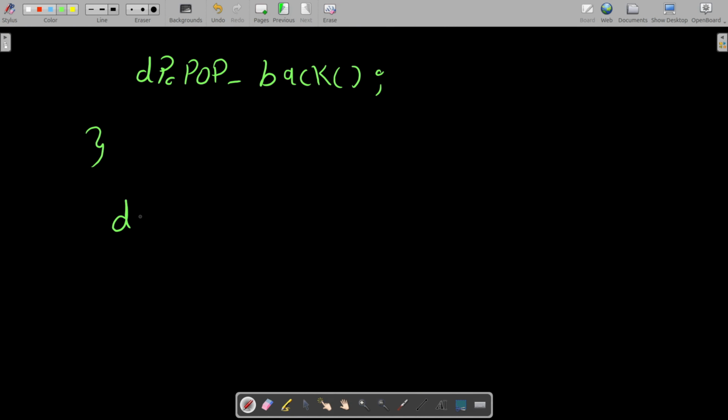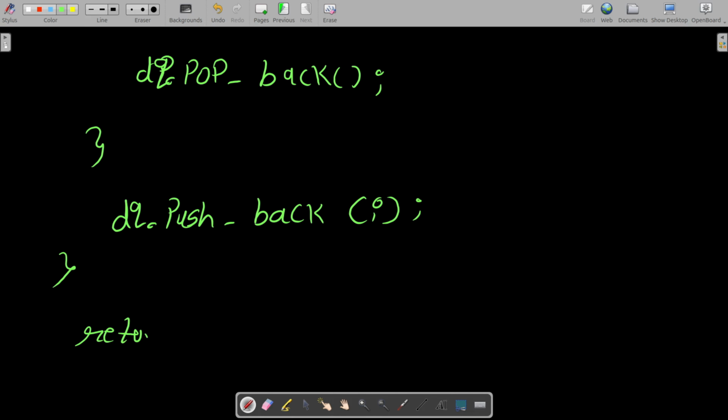If neither of the conditions are meeting, then we should push the index at the back of the dq, and we would return our answer. If it is not updated anytime, then the answer stays int max, and then we would return -1.